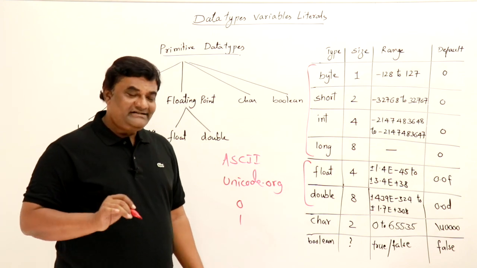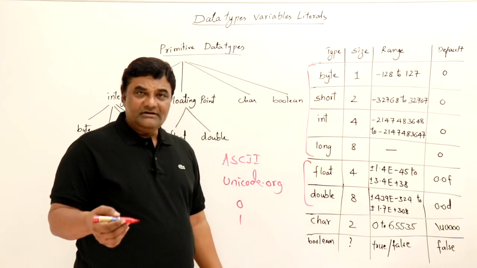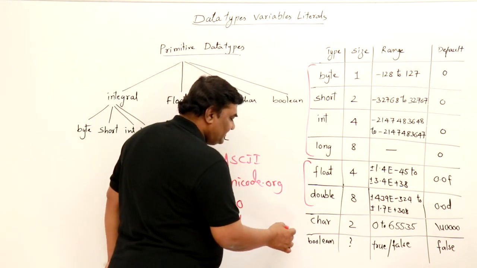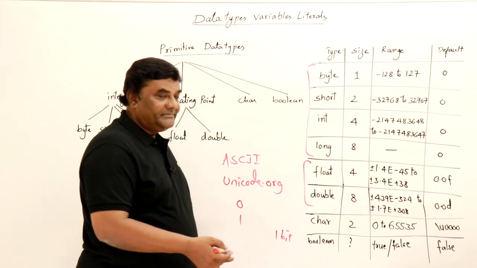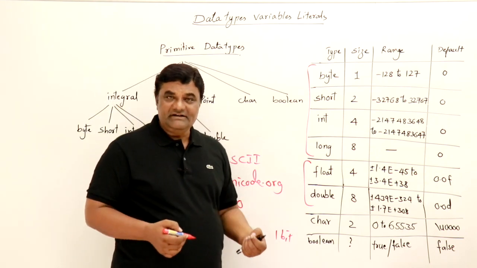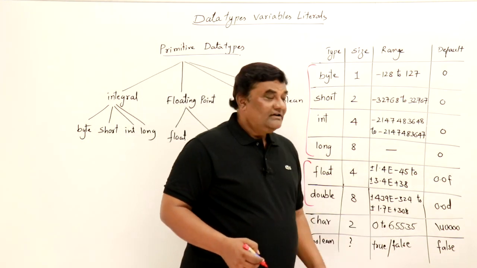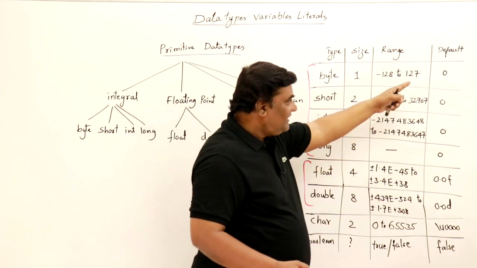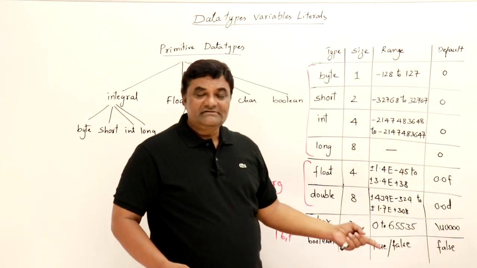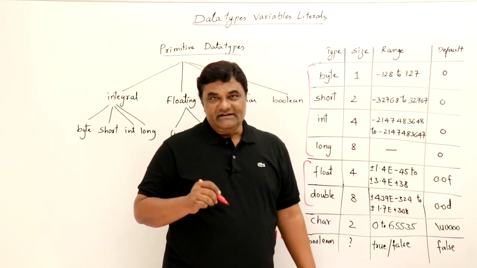How many bytes it takes is not mentioned; it depends on the environment or JVM. We say that at minimum it takes 1 bit, or at most it may take 1 byte, but exactly how much memory it takes, we cannot say. It can hold either true or false. If you look at the default values, all are zeros, except this one, which is false. It's not 0, it is false. So that's all, these are the data types.